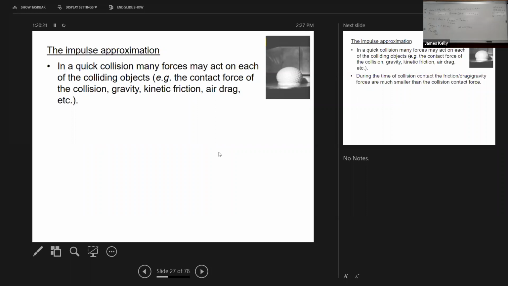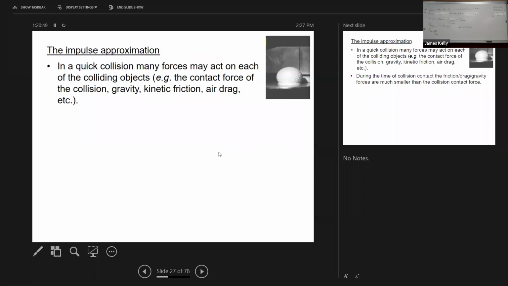Take, for example, these two balls going vertically, one going down, one going up, and they bounce off of each other. Who knows what happens in the final state? But there are two forces acting on each one of these balls during the time of the collision. One is the contact force from the other ball, and we're going to find out that that contact force is huge compared to the force that gravity is exerting on the ball.